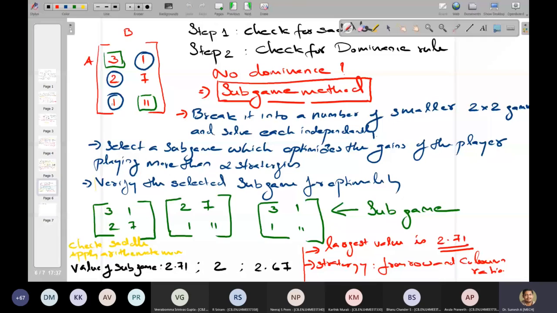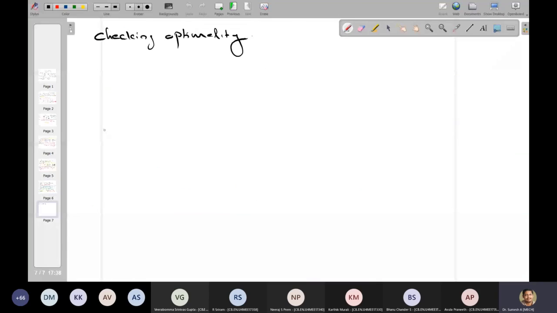First I will check column wise, then I'll go row wise. So 3x1 plus 2x2 plus x3 should be greater than or equal to v. So v is the value of the game.